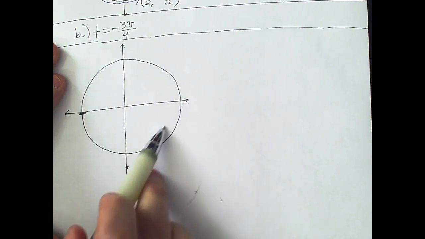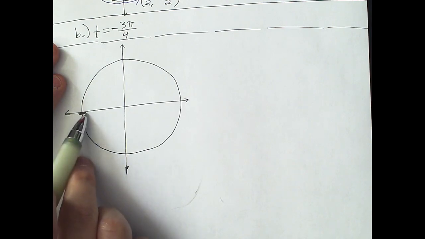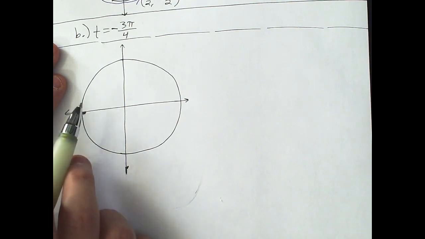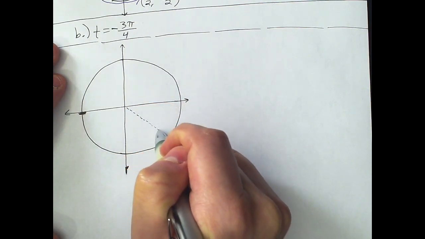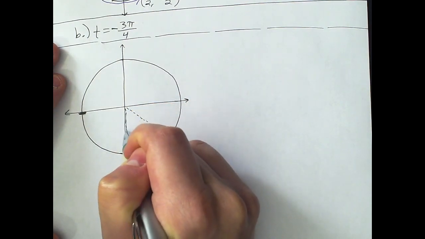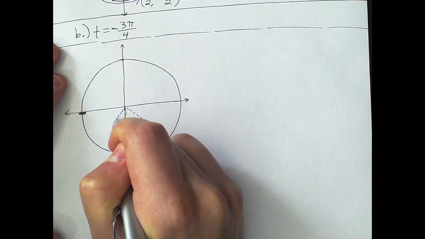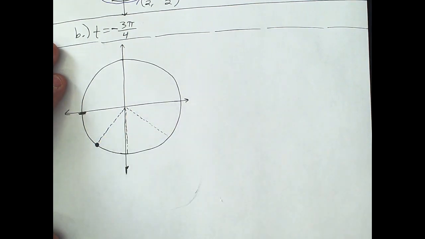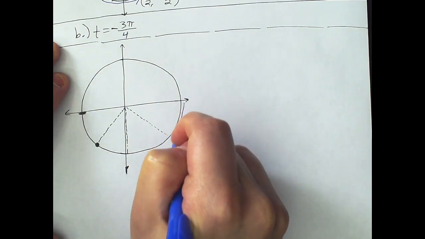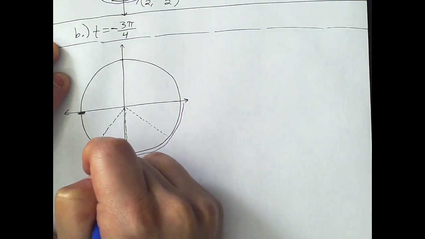And we are going 3/4 of that, aren't we? 3/4 of the way to here. So, here's 1/4 of the way. Here's another 1/4 of the way. And now I've gone 3/4 of the way to negative pi. So this is where we're headed.